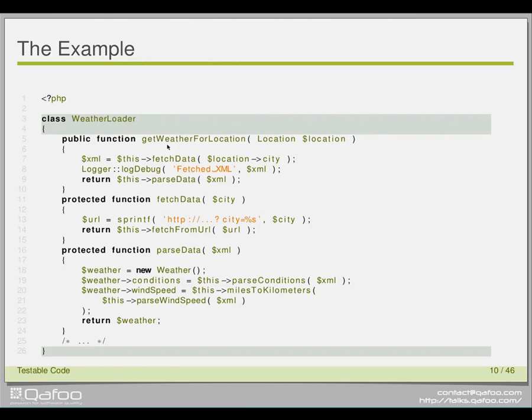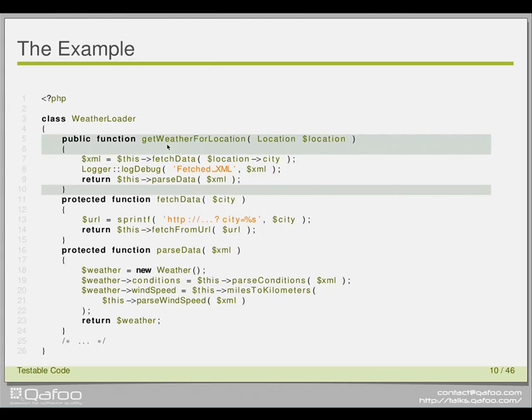It is a pretty simple class with quite some code, but let's just dig into that and look at what issues are in that class. First of all, we have this method getWeatherForLocation. It receives some kind of struct, and this struct is a location which represents whatever, a city or something like that.